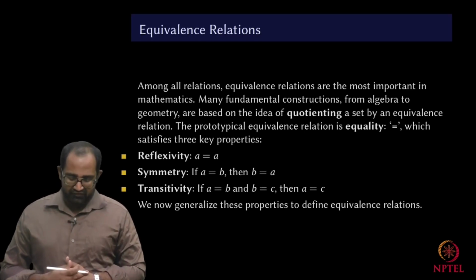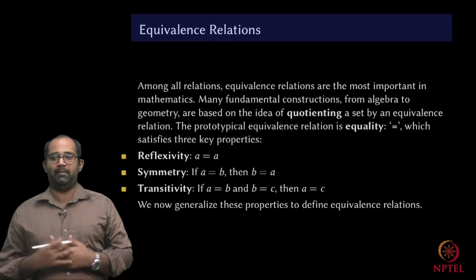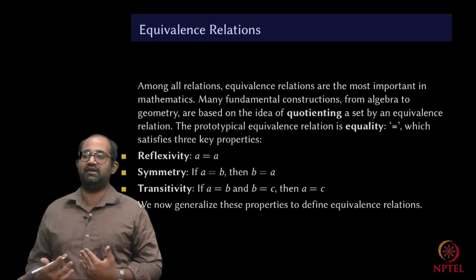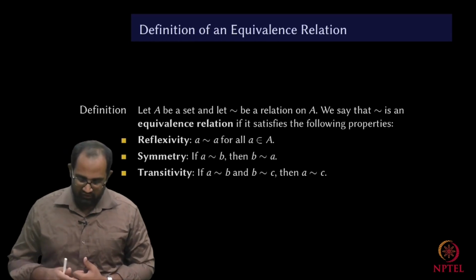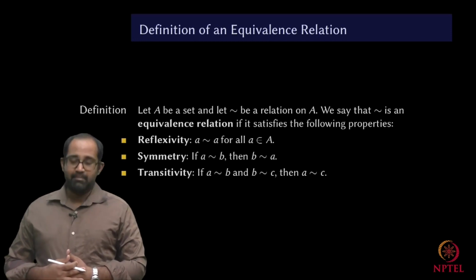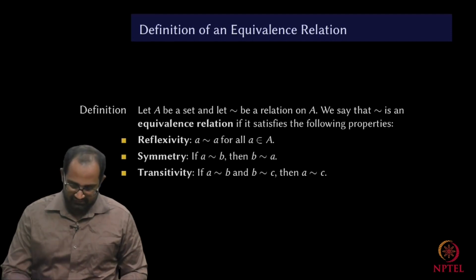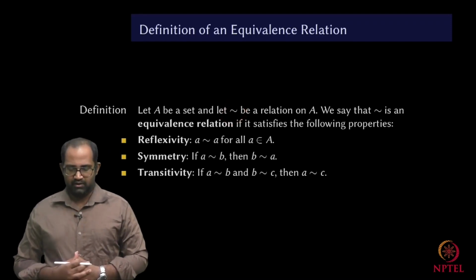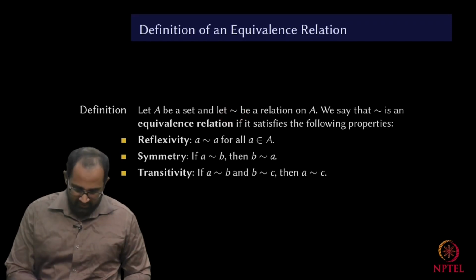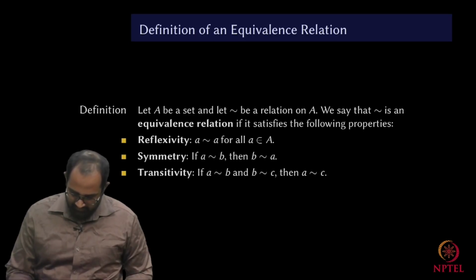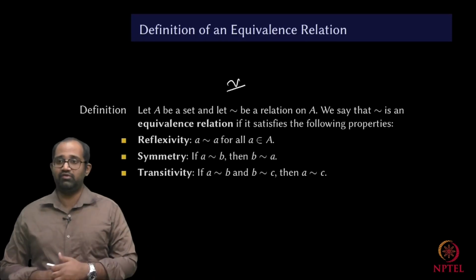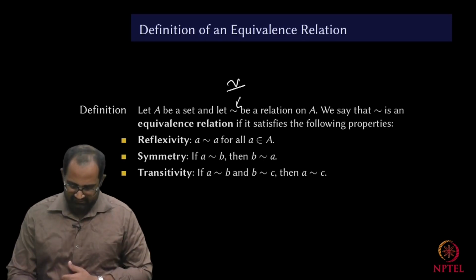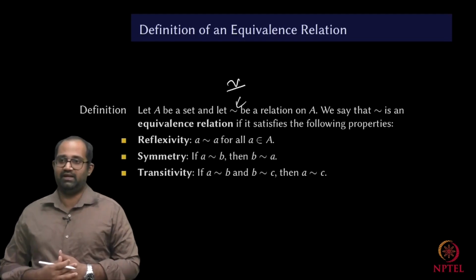We are going to lift these properties up to an arbitrary relation and call the resultant relations equivalence relations. So, how does it go? Let A be any set, and this symbol tilde is typically what is used for an equivalence relation. Some common alternatives are tilde, but with an equality. This is also commonly used. In this course, I will just stick to tilde, it is simpler, slightly less writing to do.